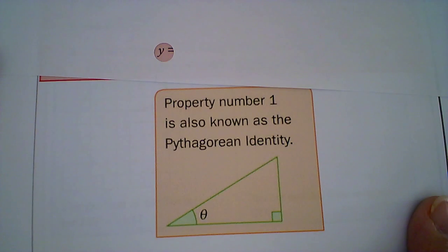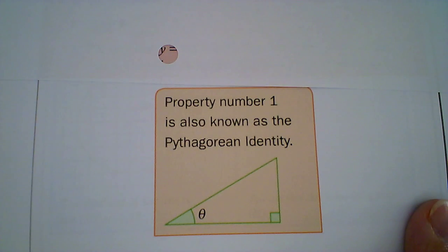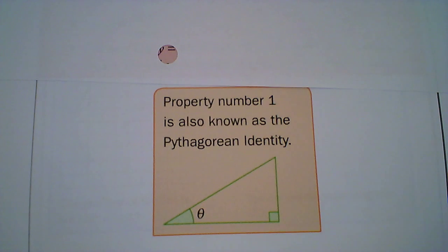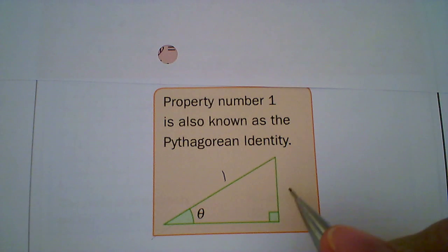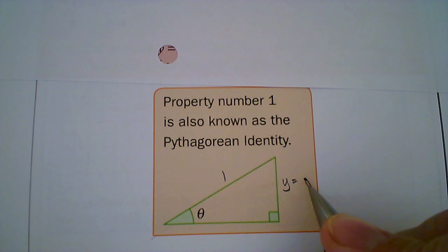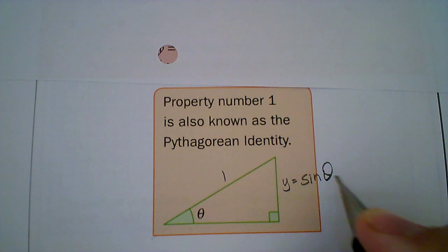Well, if we look here, the property number 1 that we just talked about is also known as the Pythagorean identity. So here's our triangle. Imagine that this was created by the unit circle and a line going through that unit circle. So we know our hypotenuse is 1. We know that this is the change in the y values, and it's the sine of theta.